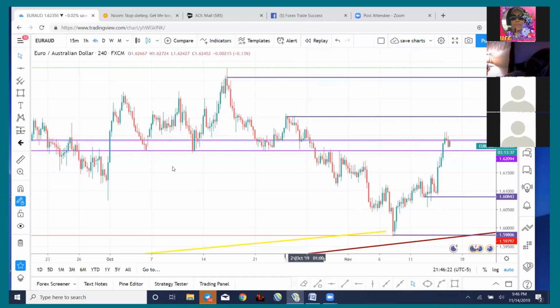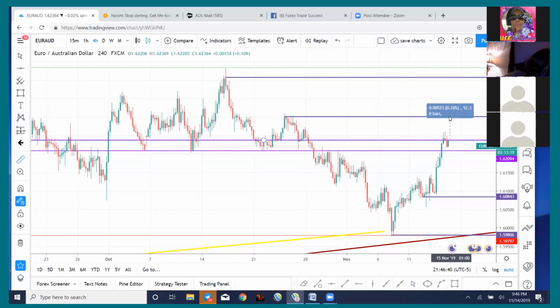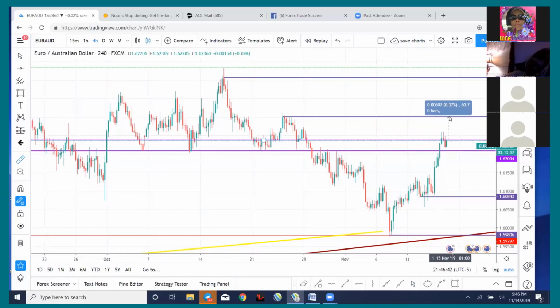Can you measure the pips from where price is? Start from your purple line actually, from that purple line to the one on top. That's 60.7?